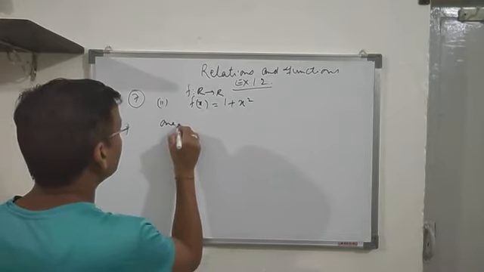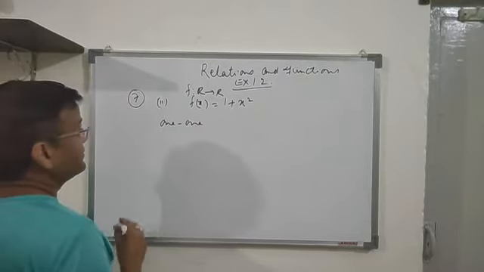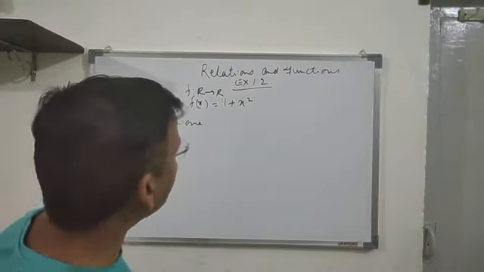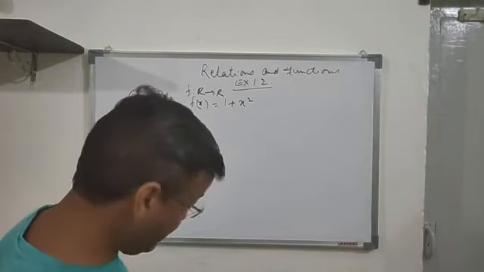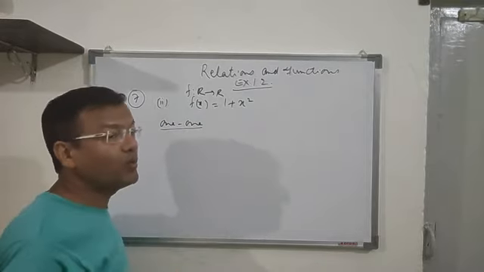So, 1-1. Now, clearly it can be seen that the function is not 1-1, because f is a function from R to R.